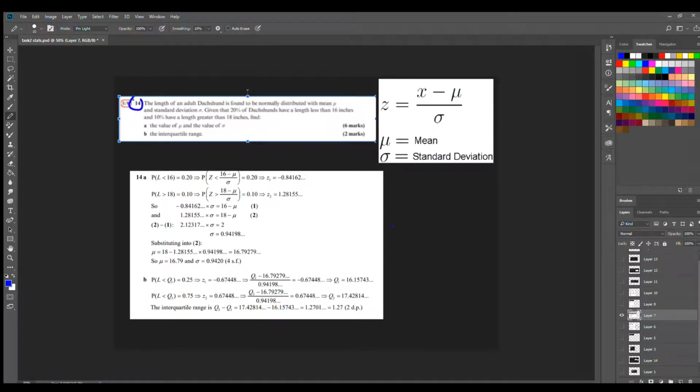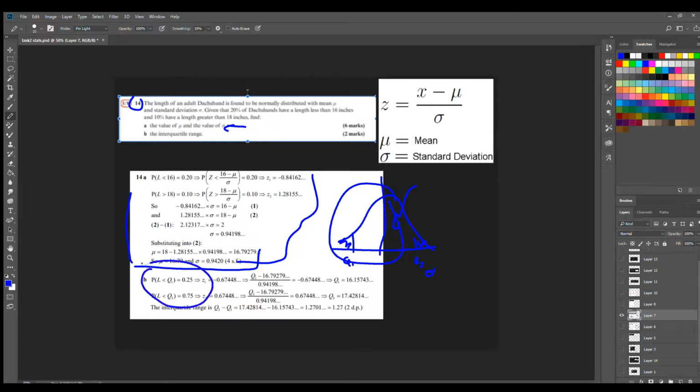So for question 14, question A is basically the same as question 13b, where you find the mean and standard deviation, which is this part of the answers. And for question B, it's a bit different. It's where you use the fact that quartile 1 and quartile 3, this is 0.25, this is also 0.25, which makes this whole thing 0.75 for quartile 3. Knowing this, you get the probabilities, and using inverse normal, you can get the z, which is minus 0.67 and 0.67.